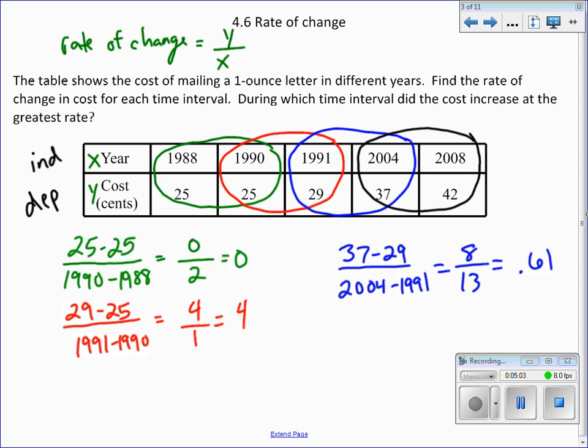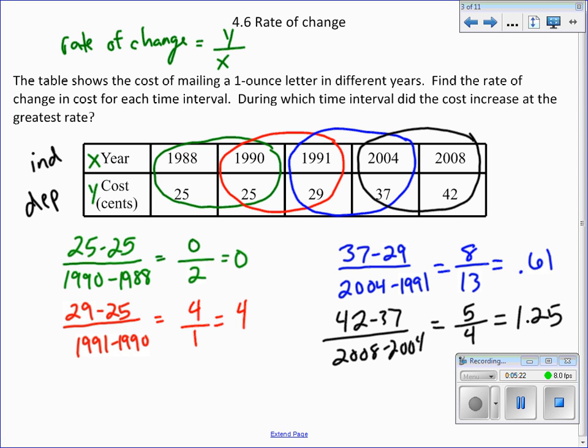So, moving on to the last one, we have 42 minus 37 over 2008 minus 2004. 42 minus 37 is 5 over 4. So our rate of change in that last time period would be 1.25 cents per year.